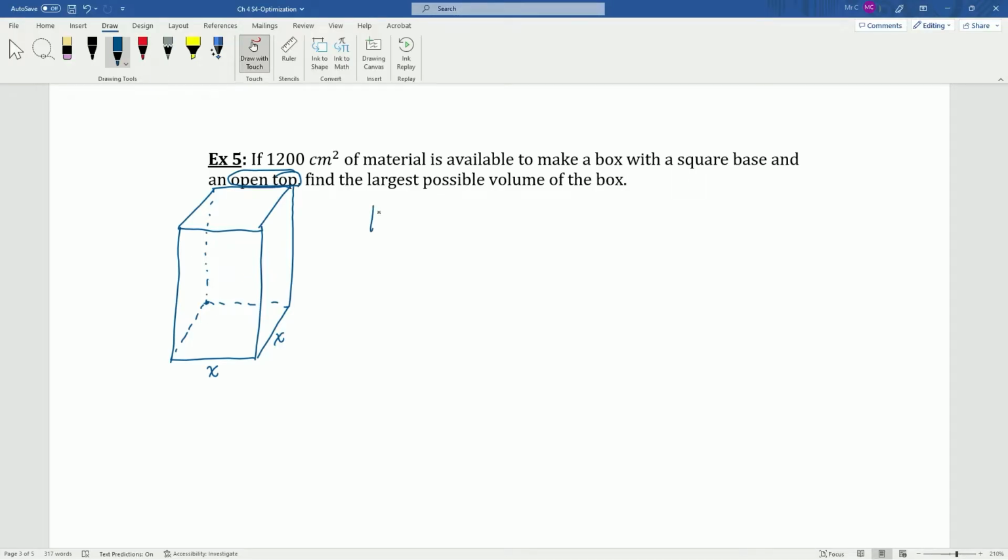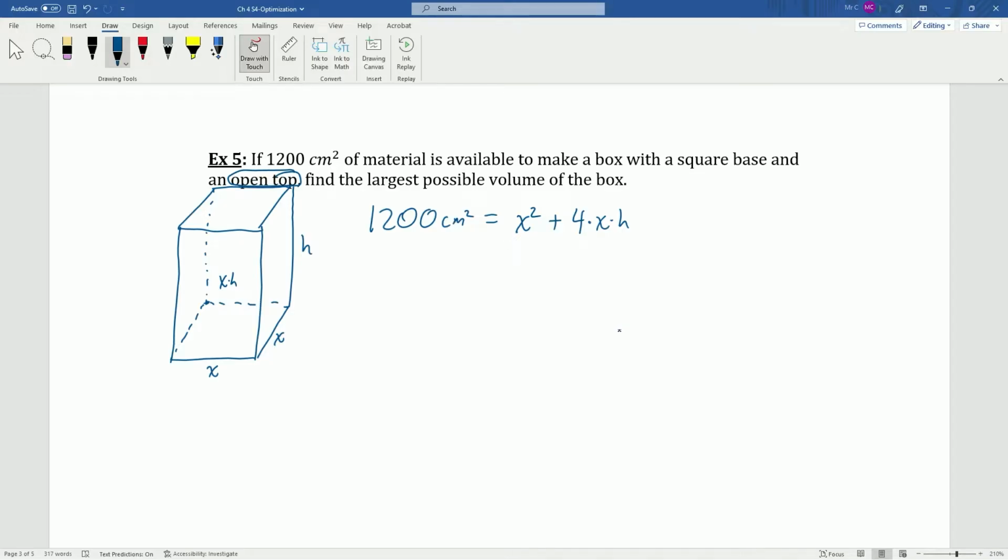So that 1200 centimeters squared only accounts for the 4 sides and the bottom because the top is open. So we need a height here. And so what do we see? Well, the bottom is x squared. And then we have 4 sides, and each of the sides is going to be x times h for area, right? So that's going to be 4 times x times h, since there's 4 sides.